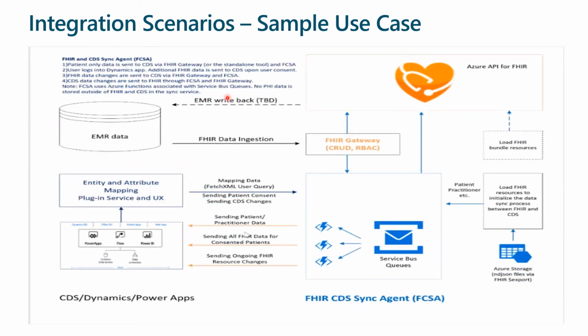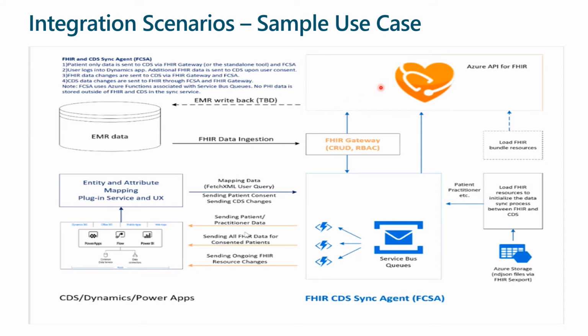If you put the integration scenarios into our architecture and components, this is how the flow looks. From the EMR or EHR systems, there is a FHIR data ingestion that goes into the FHIR proxy or gateway, which sends the data to Azure API for FHIR.